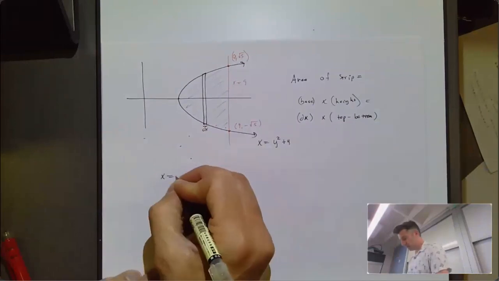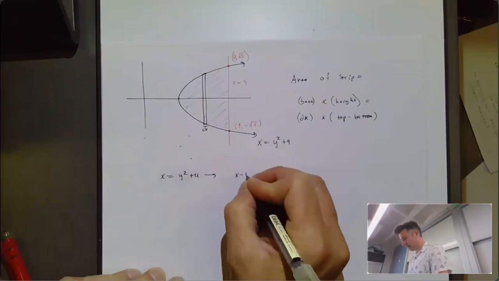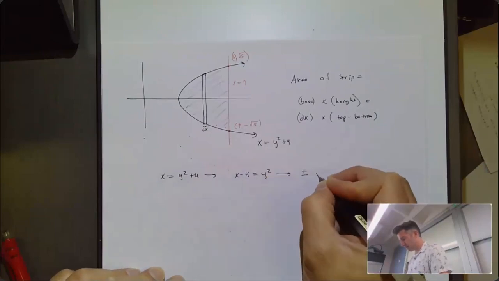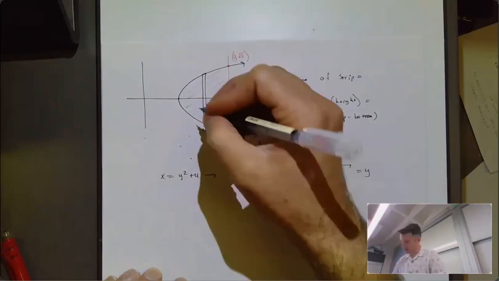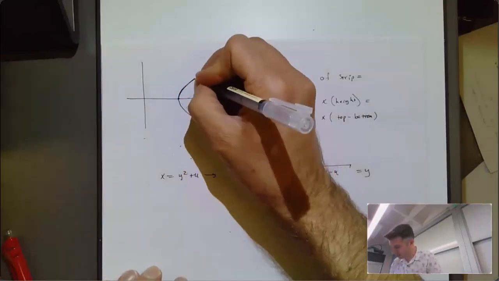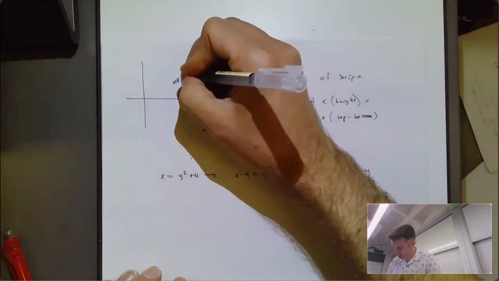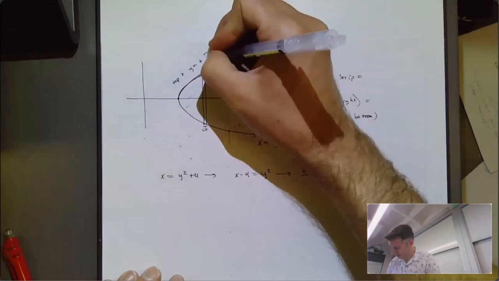So taking x equal to y squared plus 4 and solving for y, I get x minus 4 equal to y squared, and then y equals plus or minus the square root of x minus 4. So this top half of the function is y equal to plus the square root of x minus 4.